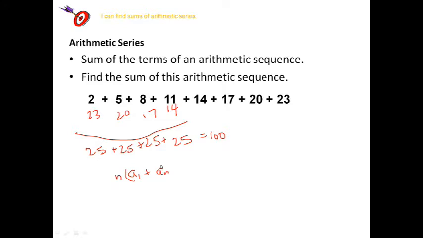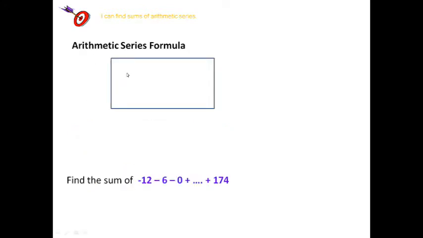So I have n times a sub 1 plus a sub n over 2, and that's going to be our formula to add arithmetic series. Okay, so our arithmetic series formula is going to be s sub n equals n times a1 plus a sub n all over 2.